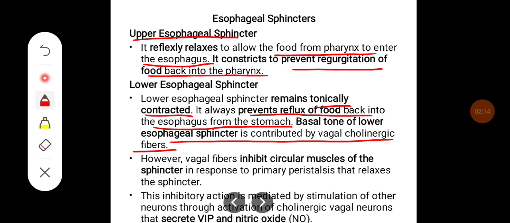However, vagal fibers inhibit circular muscles of sphincter in response to primary peristalsis that relaxes the sphincter. This inhibitory action is mediated by stimulation of the other neurons through the activation of cholinergic vagal neurons that secrete VIP and nitric oxide.